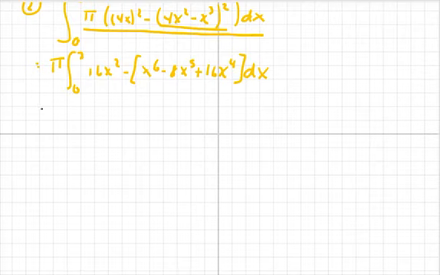So let's take care of the sign and then use the power rule on this. I'm going to combine the like terms, and I'm going to write it in decreasing order of power.